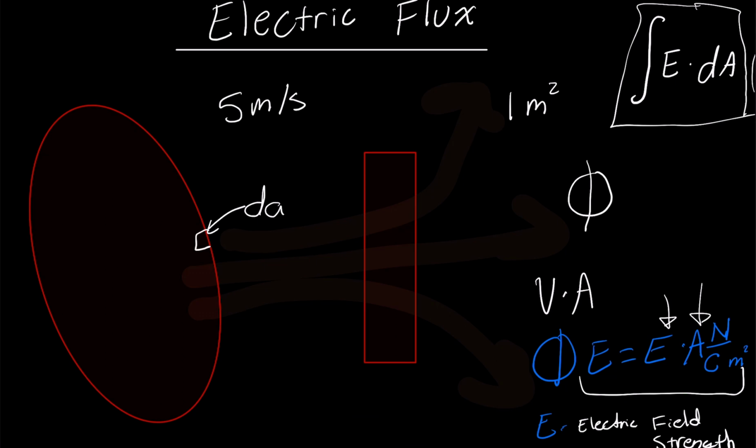And the way in which it works is it keeps on adding, this integral, this symbol right here. It keeps adding every single dA until all of them are added, okay? And then that multiplies by the electric field strength, and then that gives you the total electric flux, or once again, how much electric field is going through a certain area, okay?